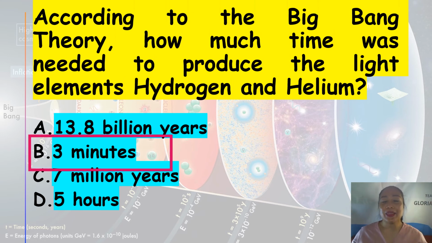Exactly! Letter B. 3 minutes. Few seconds after the Big Bang, the universe was filled with protons, neutrons, electrons, neutrinos, and positrons. After the first 3 minutes, the universe cooled down to a point where atomic nuclei form. That is a great job!